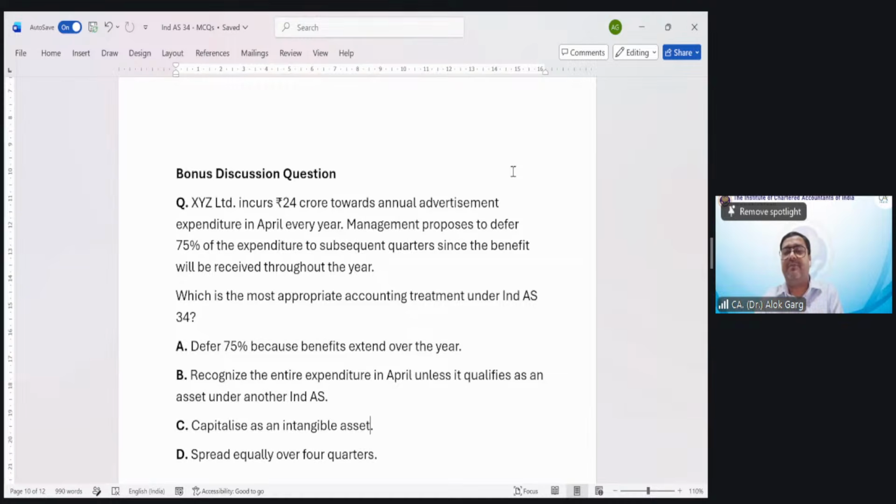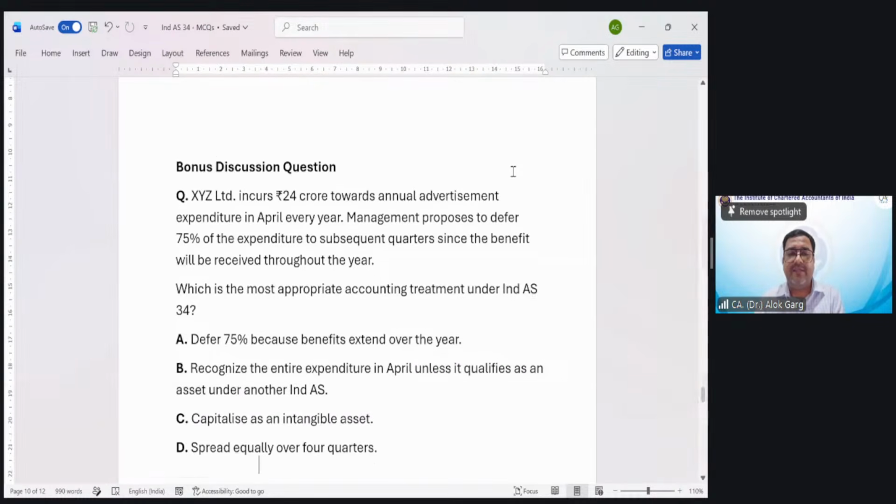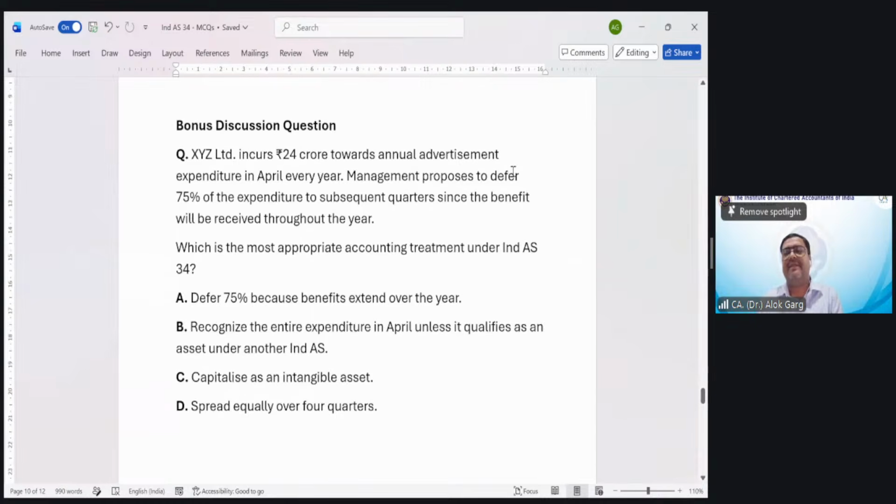Defer 75% because benefit is over the year. Recognize the entire expenditure in April unless it qualifies as an asset under another Ind AS. Capitalize as an intangible asset. Spread equally over the 4 quarters. What is the right answer? B is the right answer, my dear friends. B for Bombay is the right answer.